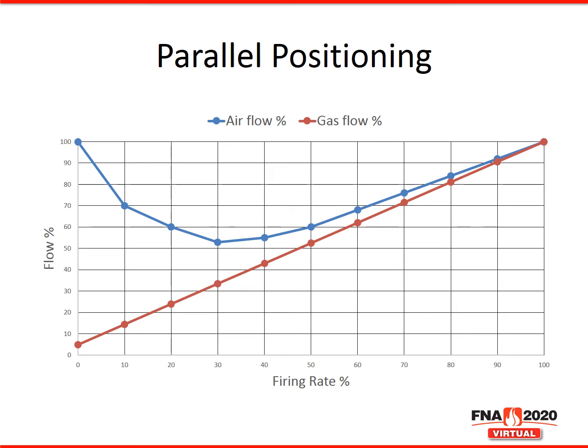This airflow percent curve with parallel positioning controls is a hybrid between a ratio regulator control and fuel only control. This system uses the advantage of a ratio regulator of being efficient at the high firing rates and good uniformity at the low firing rates, like a fuel only control system, all while trying to maximize efficiency.